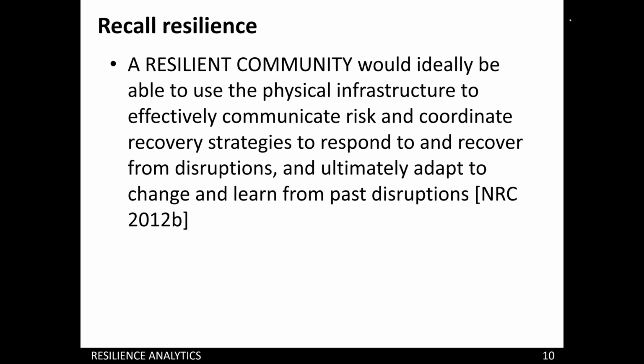So a resilient community would ideally be able to use the physical infrastructure to effectively communicate risk and coordinate recovery strategies, respond to and recover from disruptions, and ultimately adapt to change and learn from past disruptions.